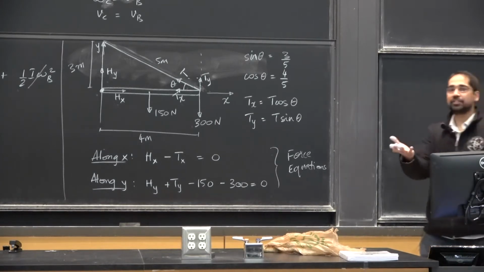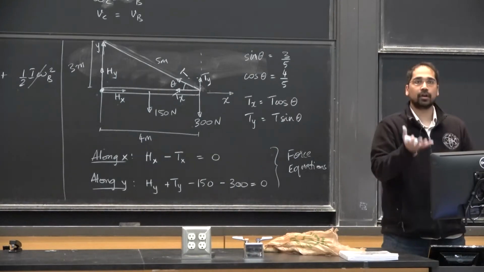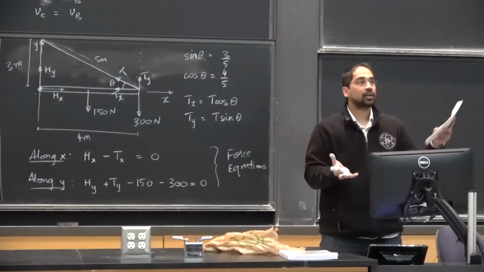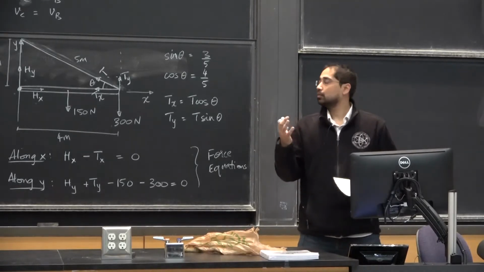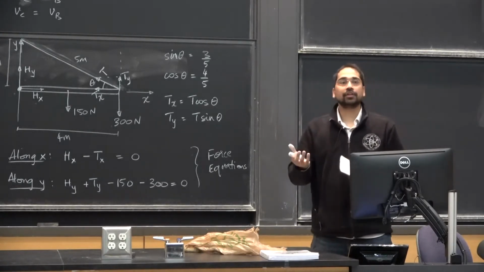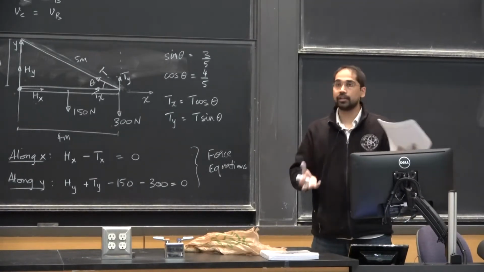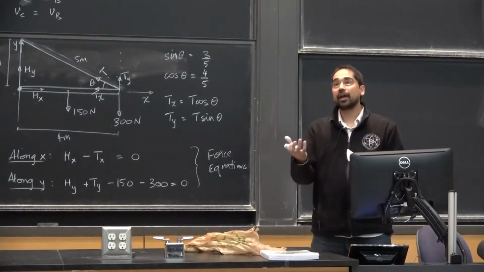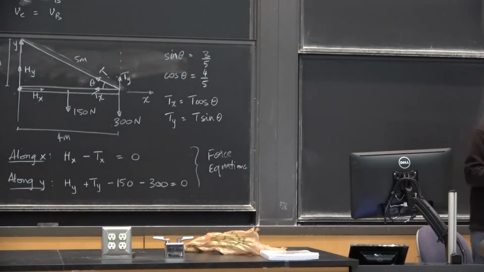You see, if it's stable, not only is it not moving upwards, downwards, or back and forth, it's also not spinning, right? So the sum of all forces on it is 0. The sum of all torques on it is also 0. If it were not, then it would be spinning. And you can have a situation where the total force is 0, but the torque is not.